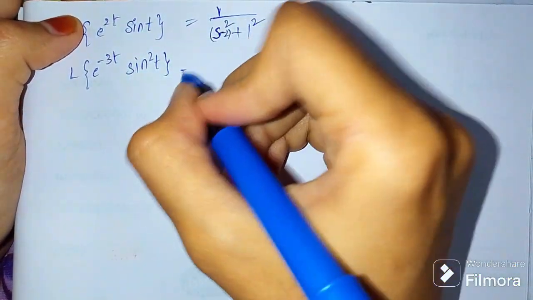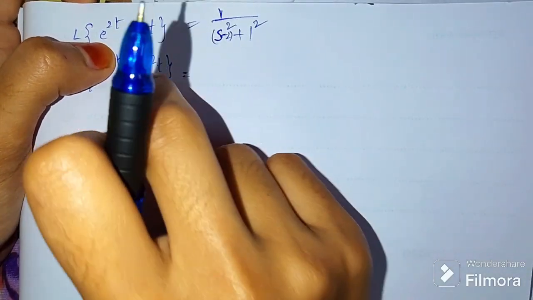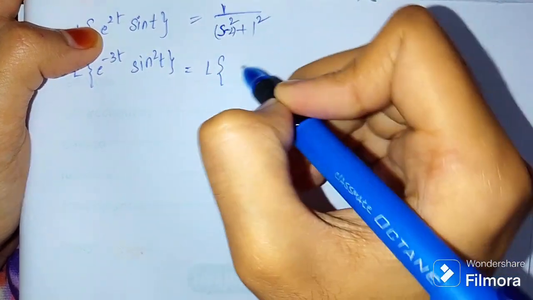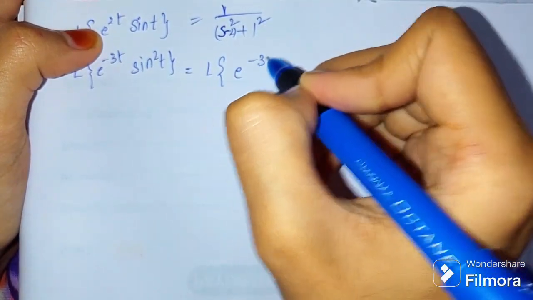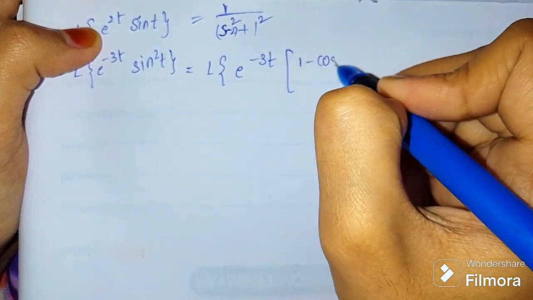Same here. If this is not there, what will be your answer? So you should consider it like this: Laplace of e power minus 3t into sin square t. What is sin square t? I already told you, 1 minus cos 2t by 2.